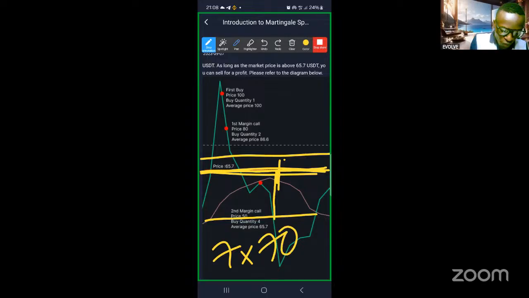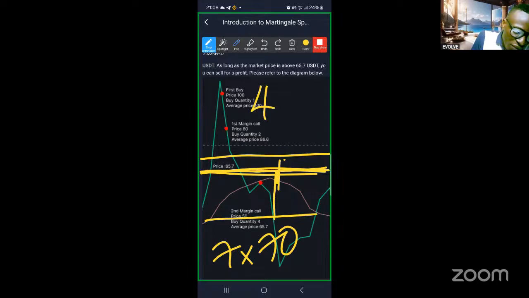So you will make a profit of about 4.3 on each. You can sell each of your coins at $70. Do you copy? And you will be in profit.